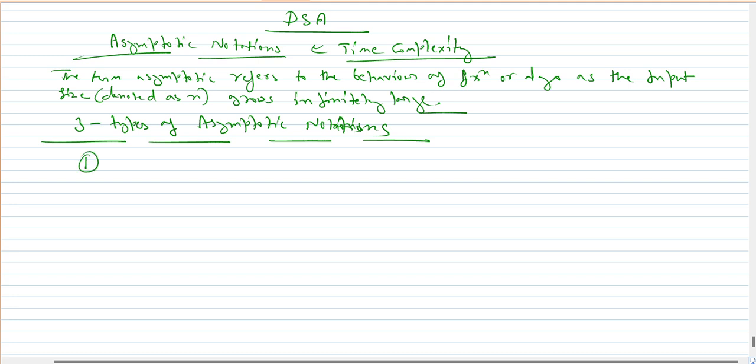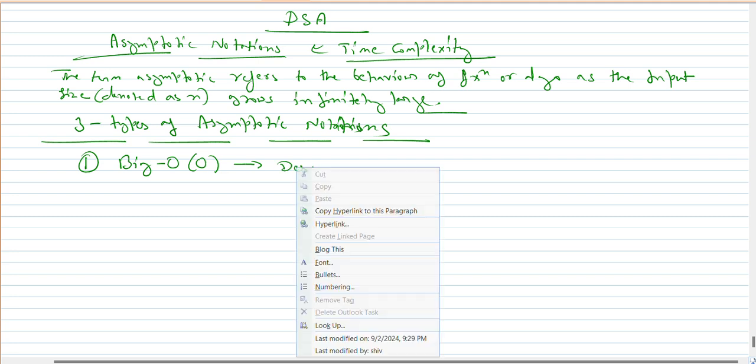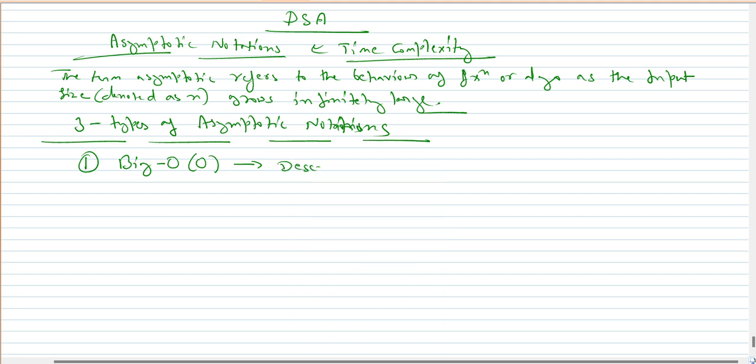The first one is Big O, which describes the upper bound or worst case complexity or worst case scenario.